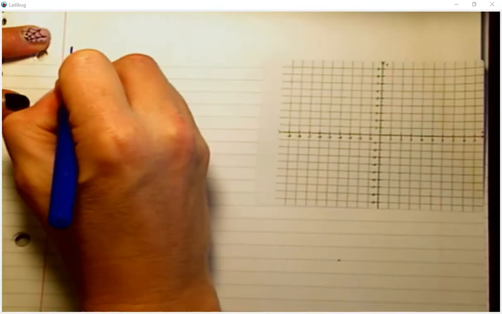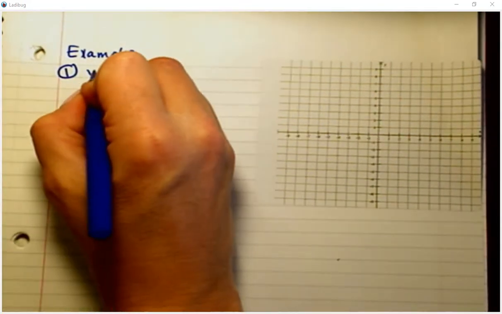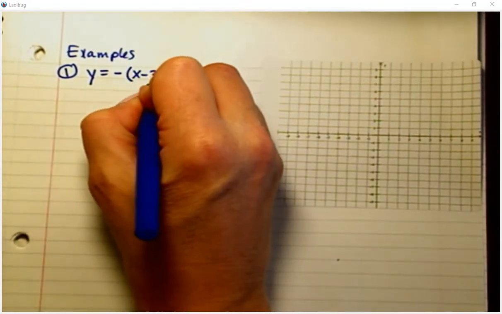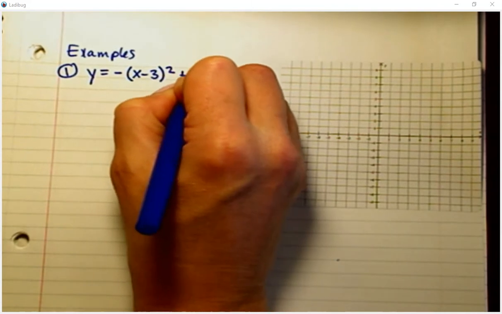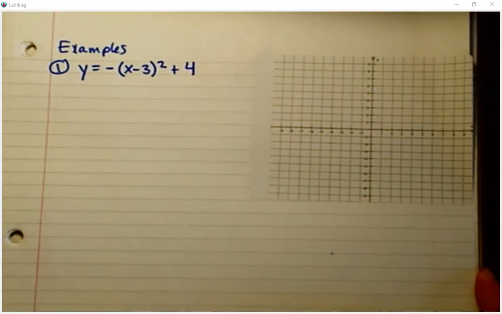I'll do them one at a time, but we're going to do 3. Here's what we're going to do. I'm going to give you the equation. Okay, examples. Y equals negative. We're just going to jump in and do the whole thing.